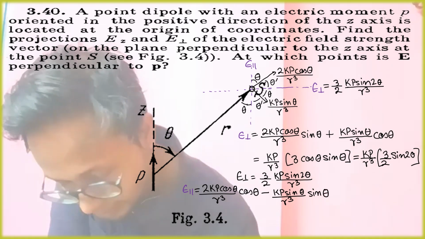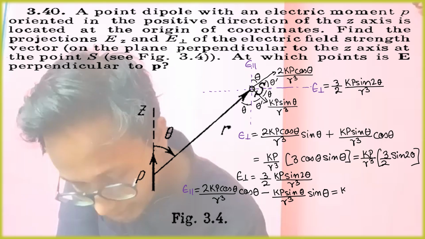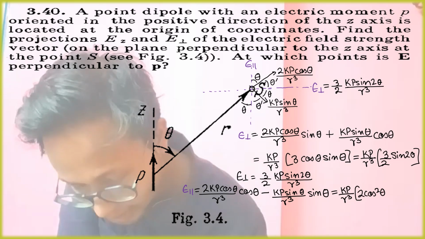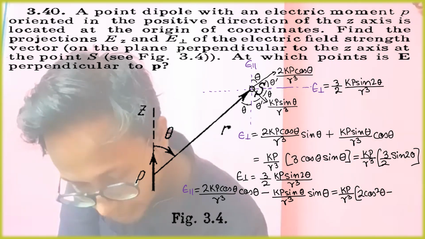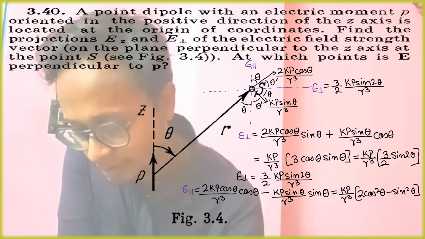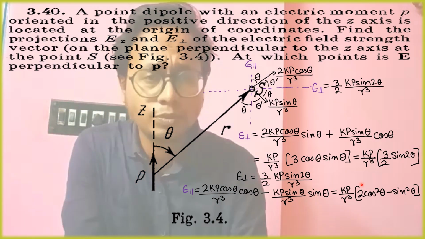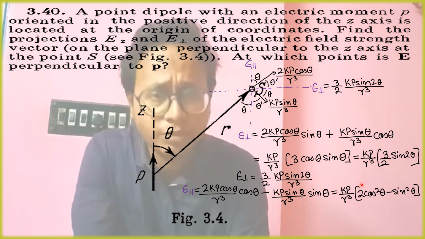If I take kp by r cube common, it is kp by r cube times 2 cos square theta minus sin square theta. Fair and simple. Now you can either leave the answer as this, or you already know that cos 2 theta is nothing but cos square theta minus sin square theta.